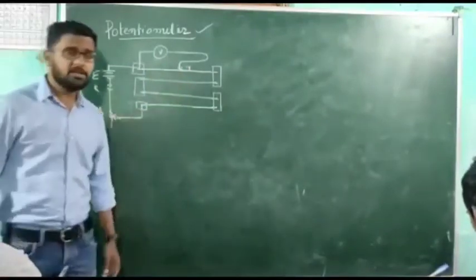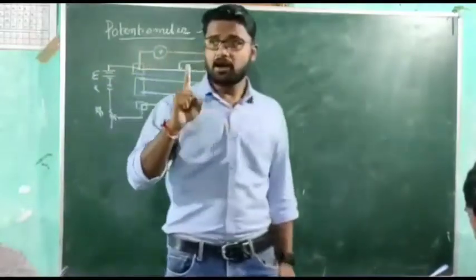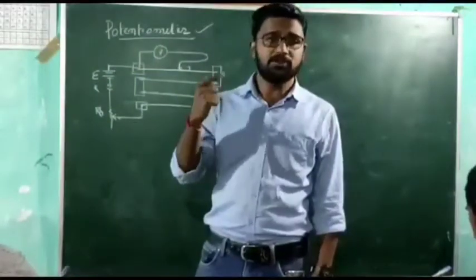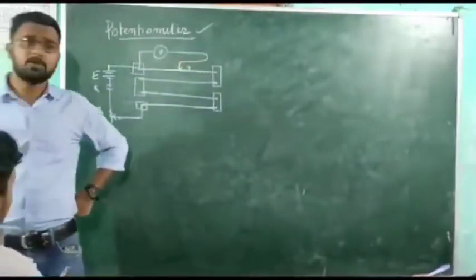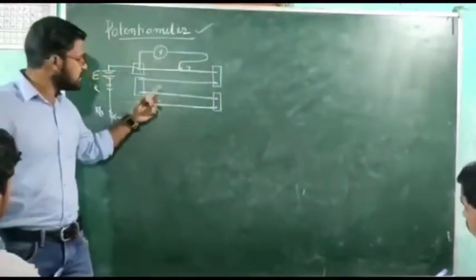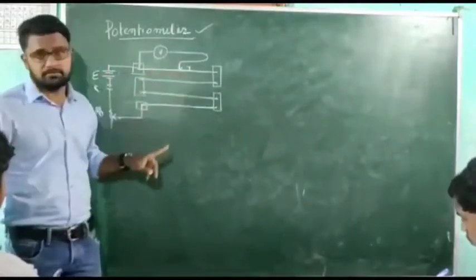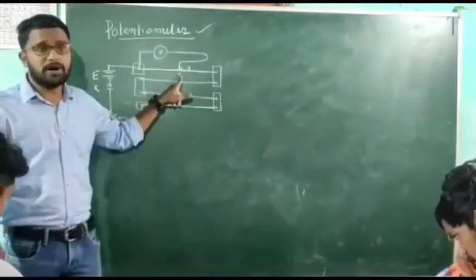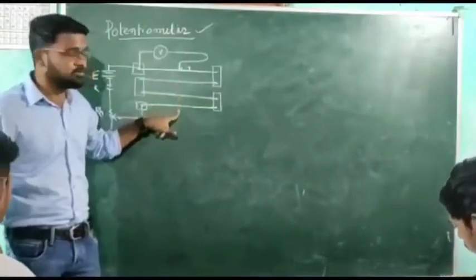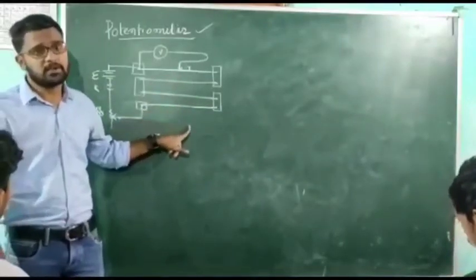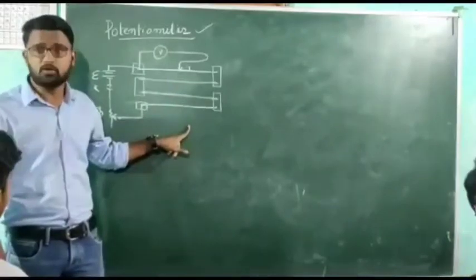In a meter bridge we were using one wire of 1 meter, which is why we named it the meter bridge, which works on the principle of the Wheatstone bridge. In this case, we have more than one wire of 1 meter. Here I have connected 4 wires, each measuring 100 centimeter or 1 meter.